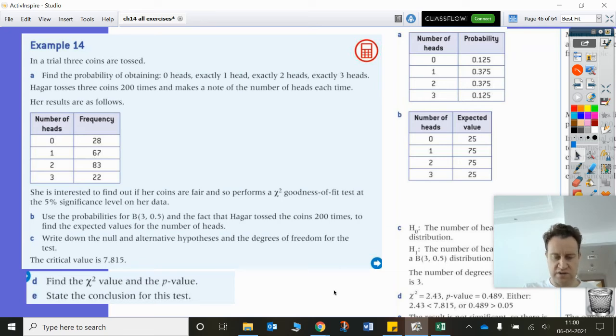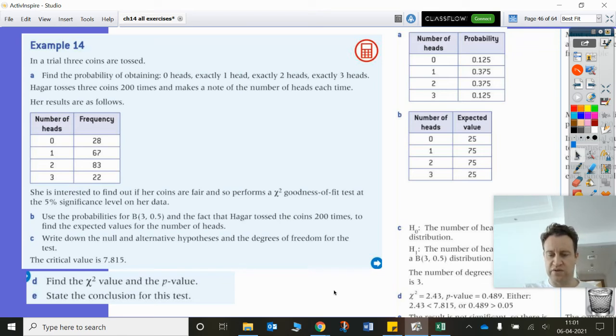I'll do my tests: statistics, stats tests, goodness of fit test, which is 7 on here. So observed list is A, and B is my expected list. My degrees of freedom is 3, so that's 4 take away 1. Answers in C.